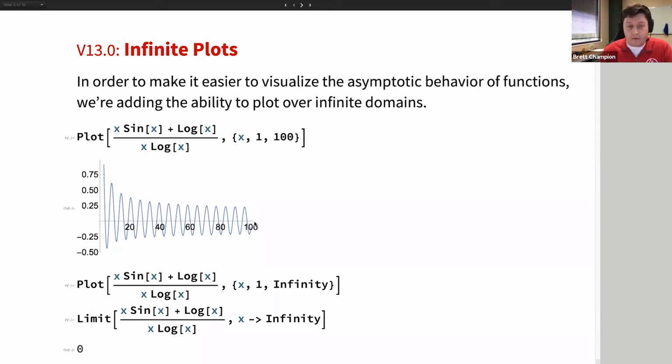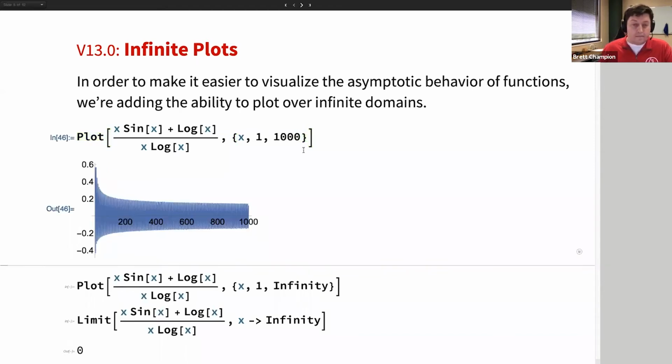So here we're plotting out to 100, and it's getting smaller, but it's still oscillating. Go out to 1,000, it's still maybe a little bit smaller, still oscillating a lot.